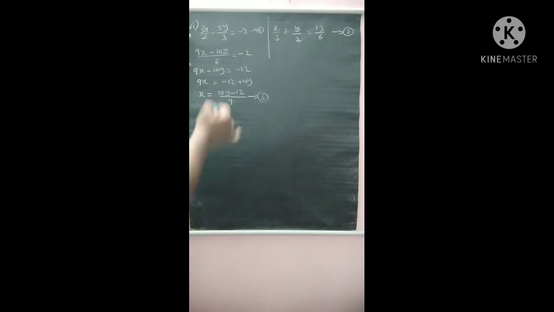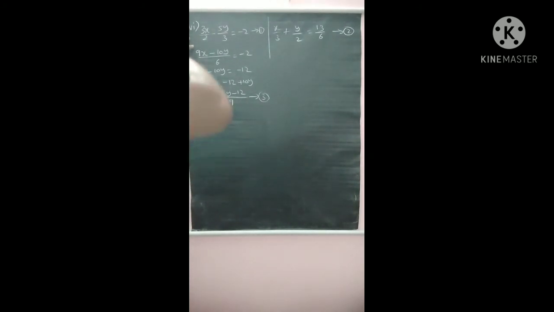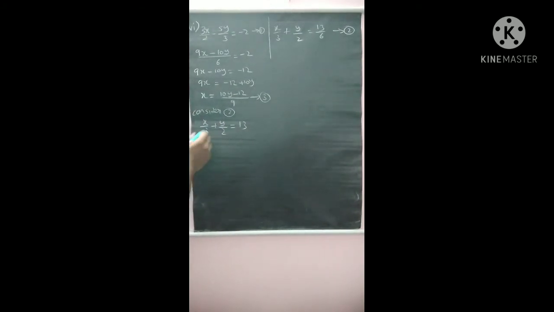So now consider the second equation, x by 3 plus y by 2 equals to 13 by 6.